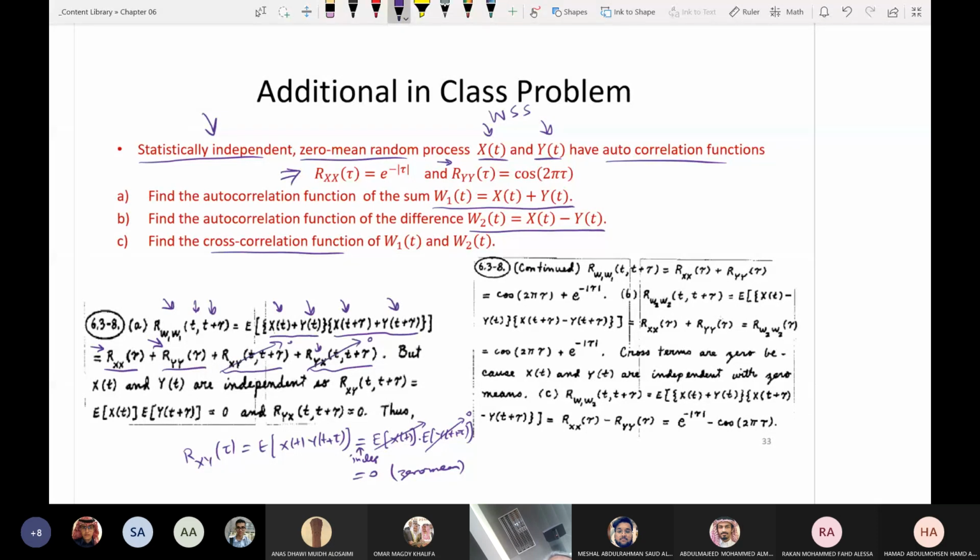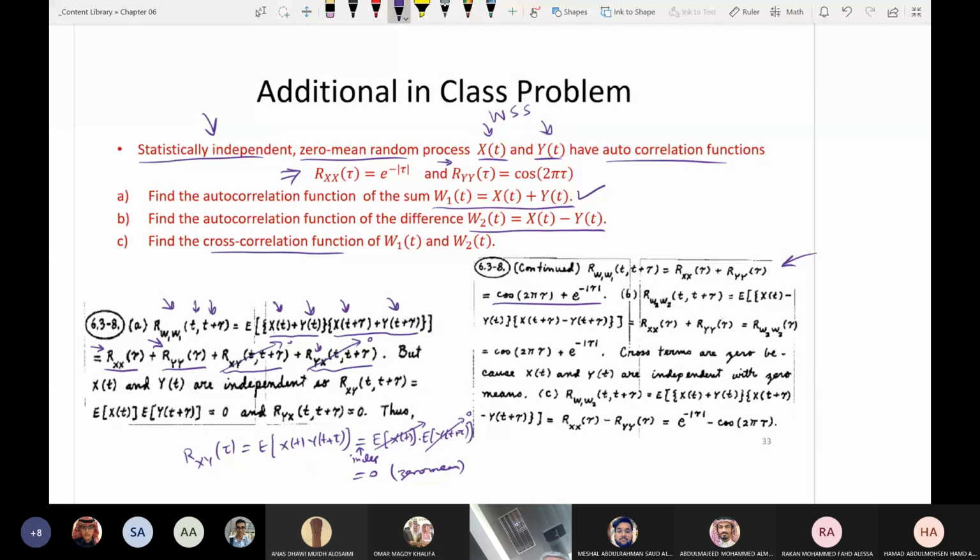So this is zero, and this is another zero, and you end up with the autocorrelation function of the sum signal W1 equals the autocorrelation function of x plus the autocorrelation function of y, which is exponential plus cosine. So this is basically done, the first one. For the difference signal, we repeat the same.